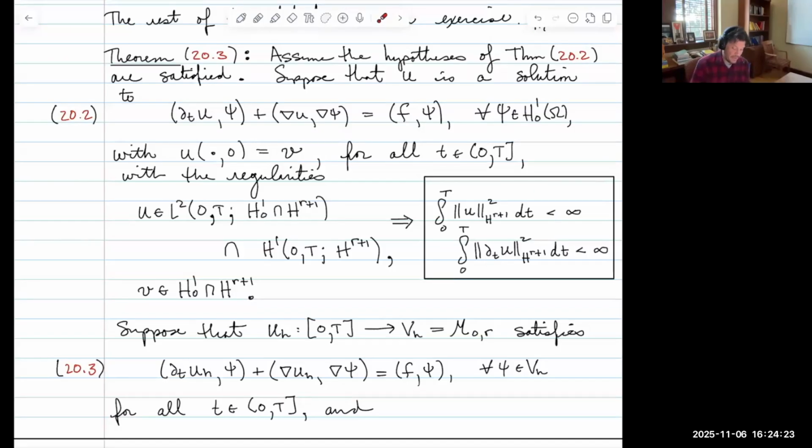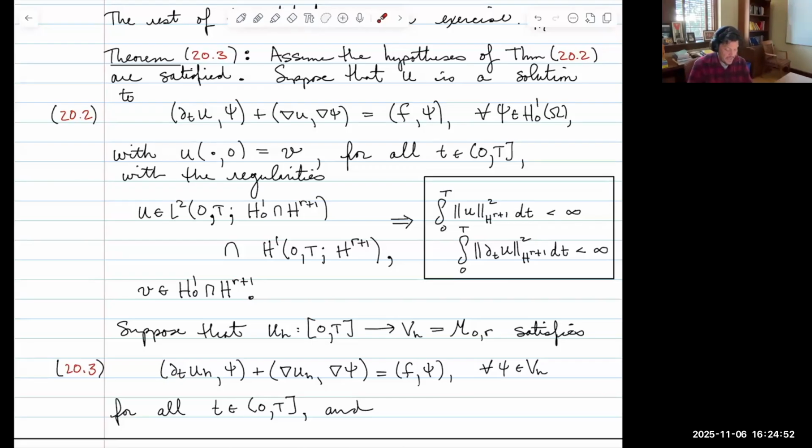We're going to assume that we have the following regularities for U. U is going to be assumed to be in L2(0,T; H01 intersect HR+1), intersected with H1(0,T; HR). So this means U is in this space and it's in this space. Let me remind you what these regularities mean.